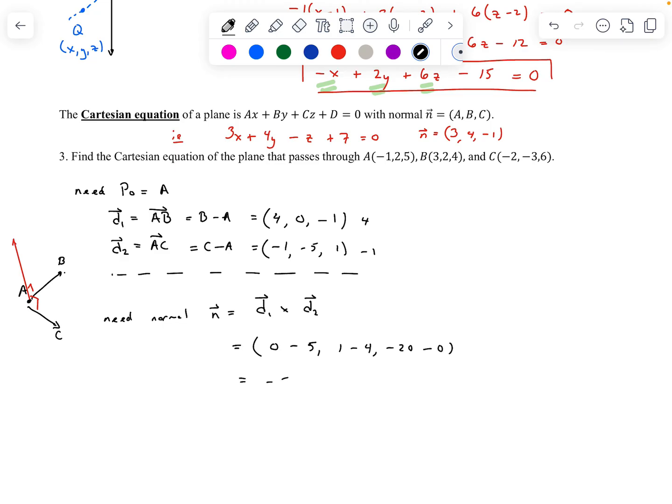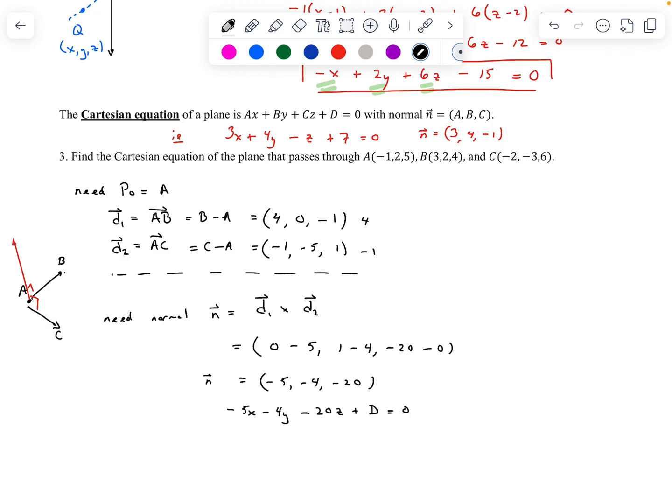I get -5, -4, -20. And that's the normal vector. And because it's the normal vector, I know the equation of this plane is -5x minus 4y minus 20z plus d equals 0. The normal vector gives me the coefficients for the scalar equation. And now how do I get d?